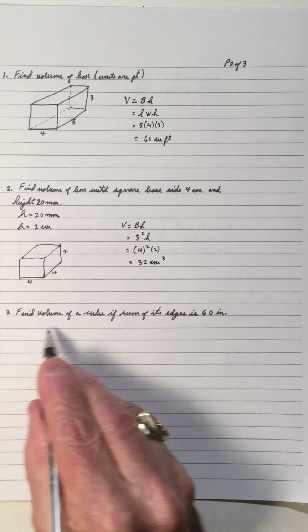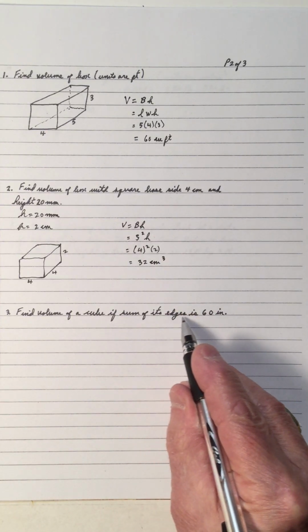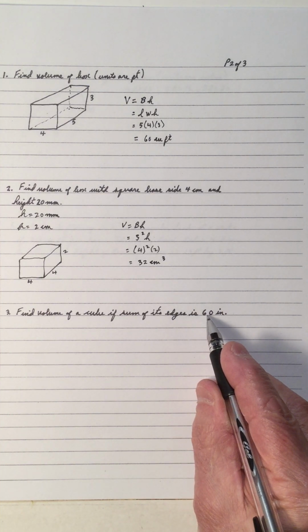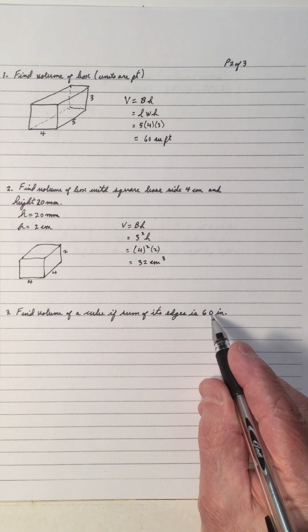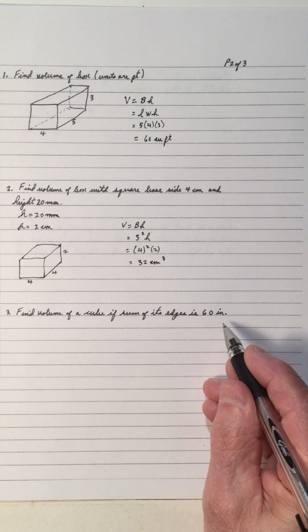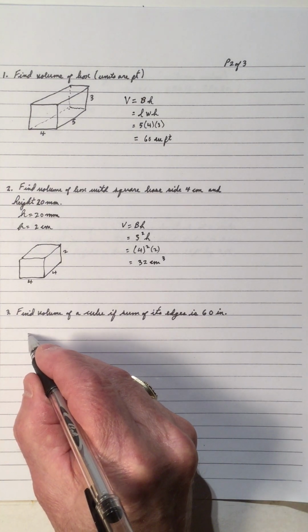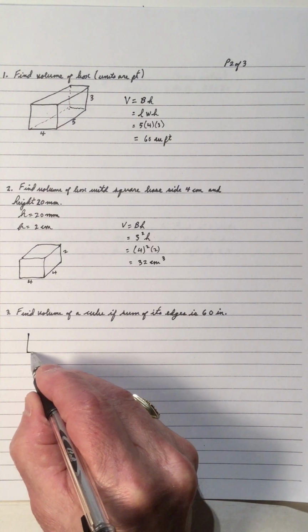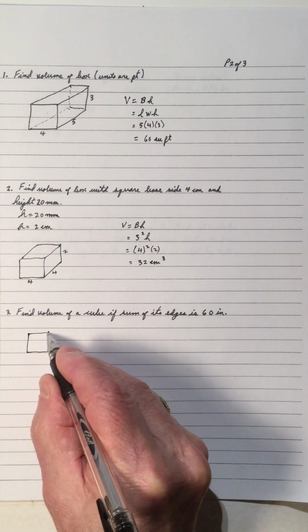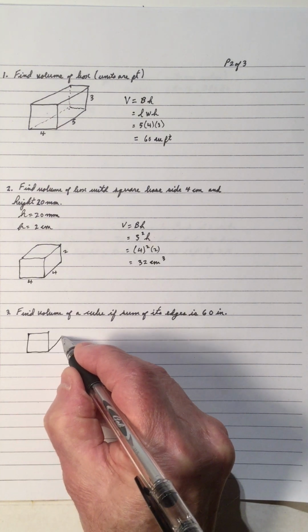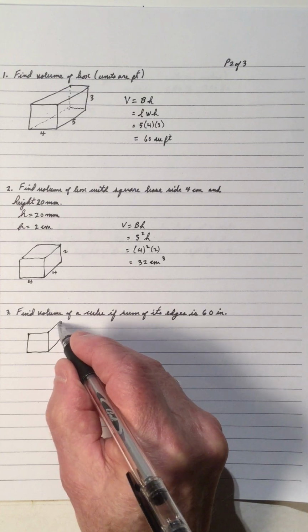Number 3, find the volume of a cube if the sum of its edges is 60. We have a cube, and a cube has all edges the same. So we draw a cube this way.